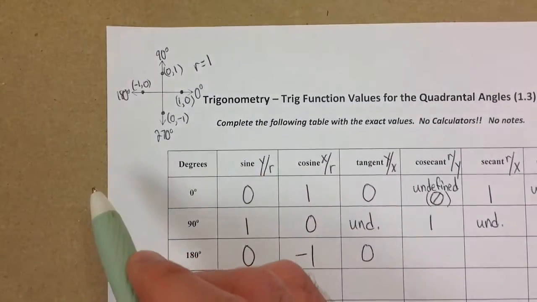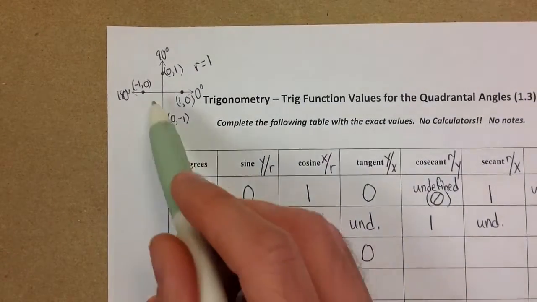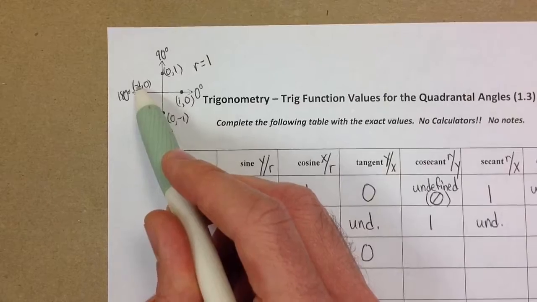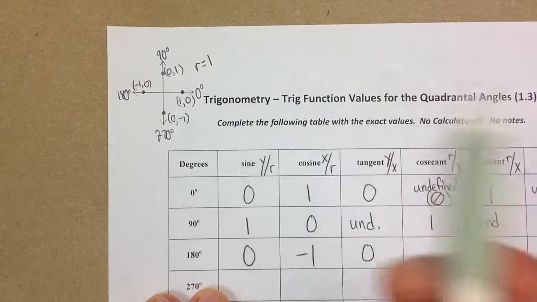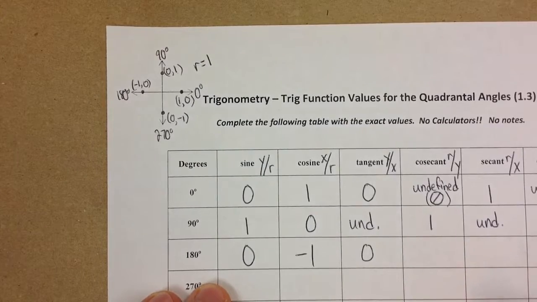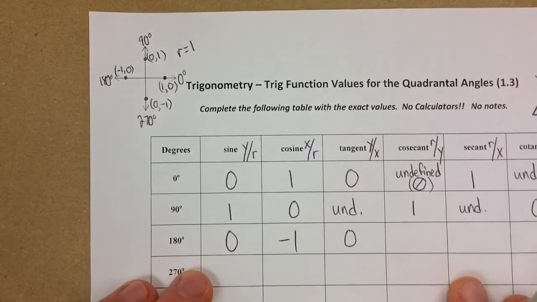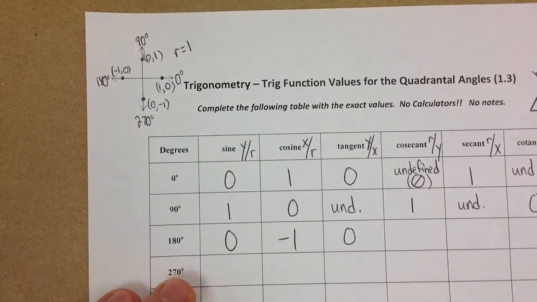So then you just divide. You divide -1, that's the x, by 1, that's the r, and -1 divided by 1 is -1. R is the hypotenuse. R is always positive. It's never negative. That's why.